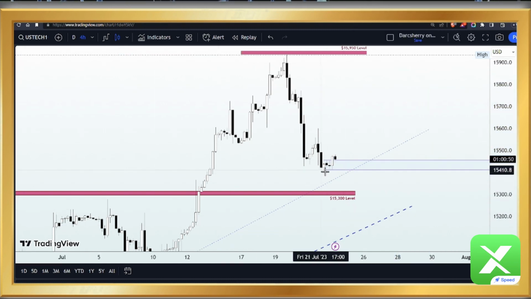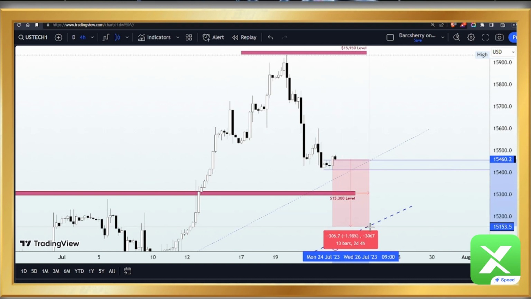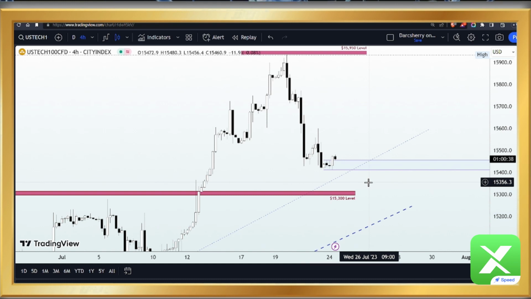If that happens, we have the privilege of joining a minimum of about 80 pips to 160 and a maximum of about 300 pips before another bullish momentum happens.